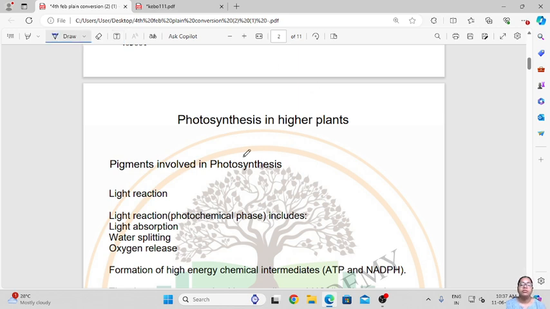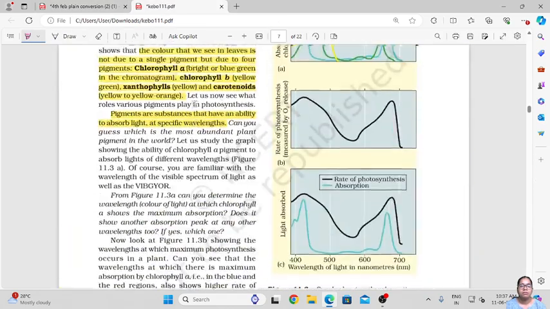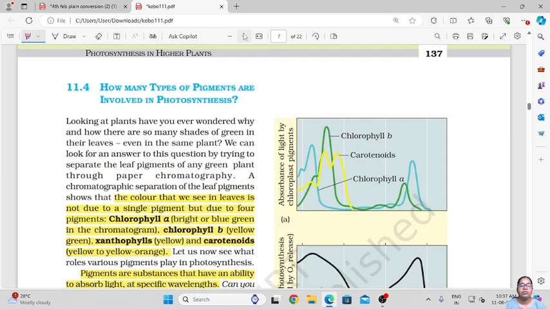So which are the pigments involved in the process of photosynthesis?